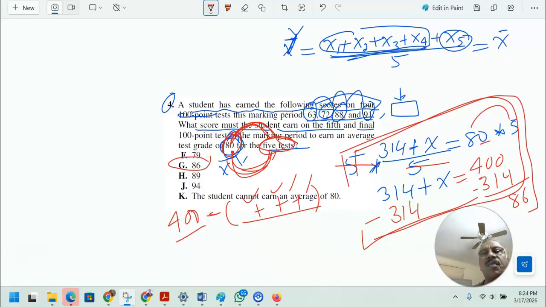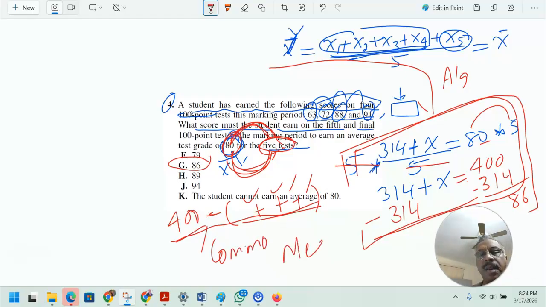But I just thought of showing 2 different strategies, one using algebra and one you can use arithmetic common sense. So this is a question from statistics about mean, median, and mode question.